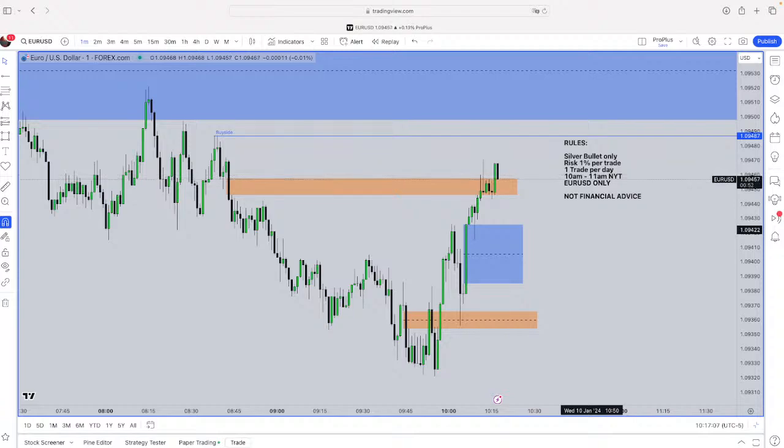Well, let's see if it respects it now as an inversion. My inversion fair value gaps are orange. The BISI, the bullish fair value gap, is blue, and then the SIBI is red for me. So anywhere that I draw the orange, it just means that I want it to become an inversion fair value gap.